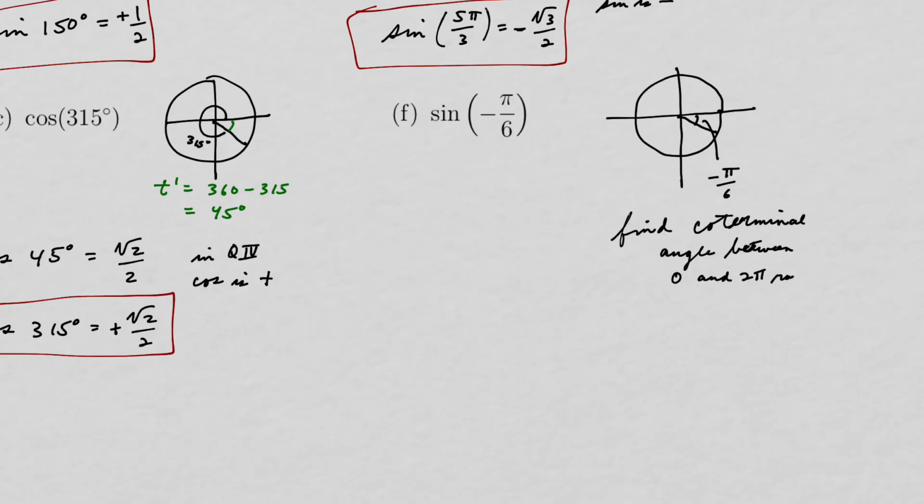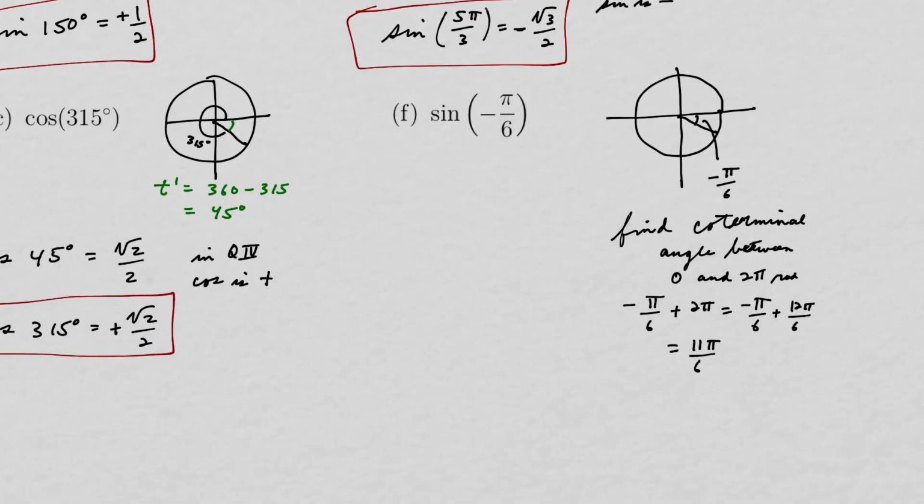Well, how do we do that? Remember, we have to keep adding 2 pi until we get a value that's between 0 and 2 pi radians. But in this case, that's not bad. It's going to be negative pi over 6 plus 2 pi. So that's negative pi over 6 plus 12 pi over 6. And that's going to equal 11 pi over 6.